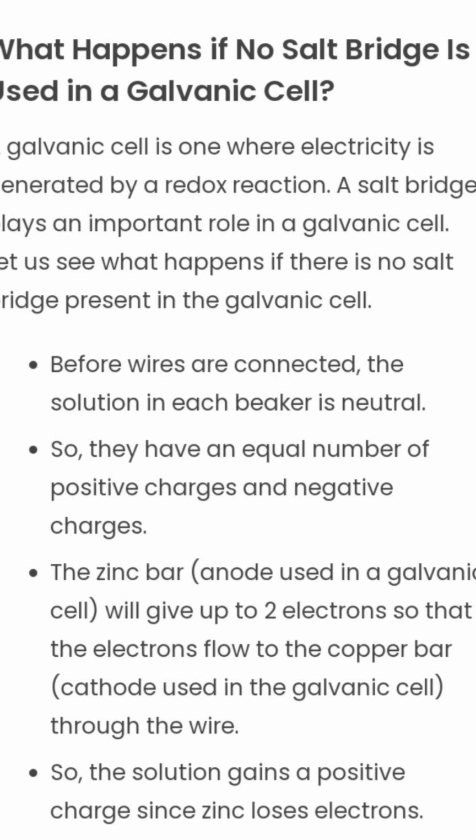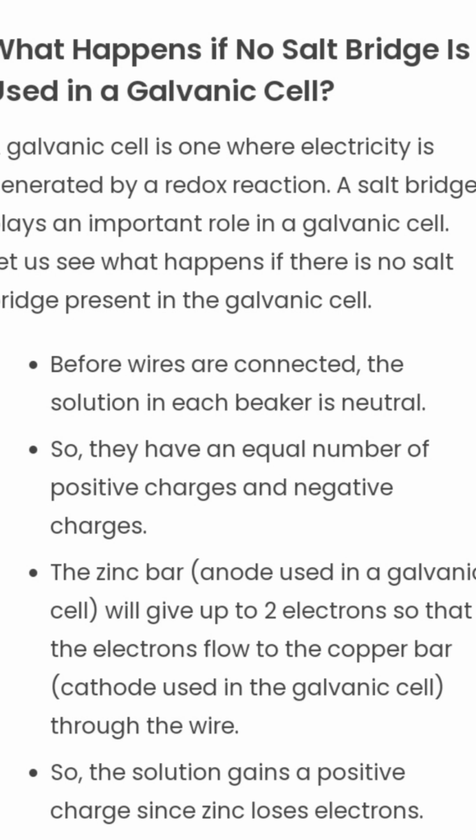Then the zinc bar gives up 2 electrons, which flow to the copper bar. So the solution gains a positive charge since zinc loses electrons. The copper bar takes the 2 electrons, causing a positive copper ion to leave the solution and accept the 2 electrons. When this happens, an atom of copper is deposited on the copper bar, hence this solution becomes negatively charged.